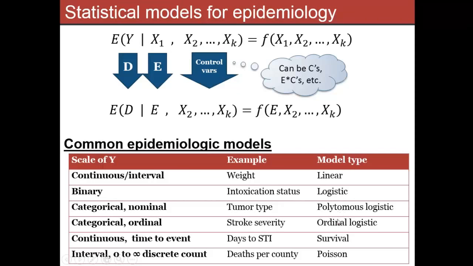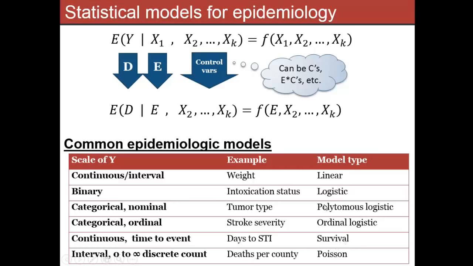Then there's ordinal logistic regression, which deals with when the outcome might be five levels of severity, 1 through 5. How do we deal with that? It's not continuous per se because it's only 1 through 5, they're integers, and that's it. There's only 5 values. How do we deal with that?